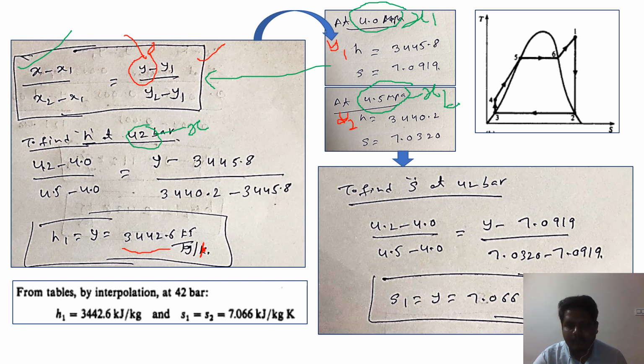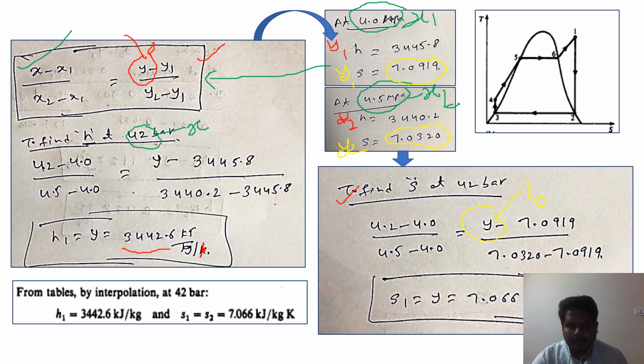Same way, we can find the entropy at 4.2 megapascal. Here y1 at 4.0 megapascal is 7.0919, and y2 at 4.5 megapascal is 7.0320, and we have to find the y value.